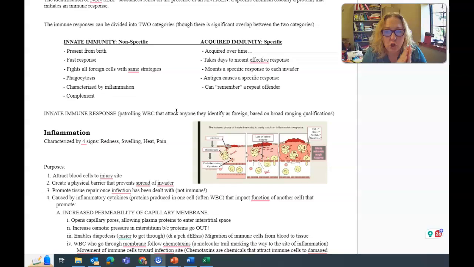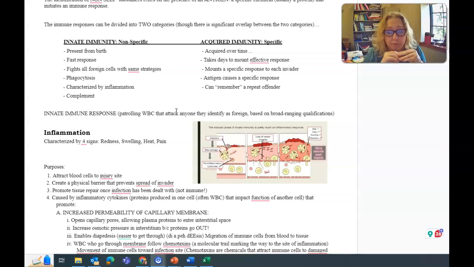This fights all these things with the same strategy. It does not have a specific strategy because it doesn't know what you just got sneezed on, right? It's going to create an initial response that's like, get it out, get it out, get it out. Okay? So it fights all the cells the same. Typically, that is phagocytose, which is kill.